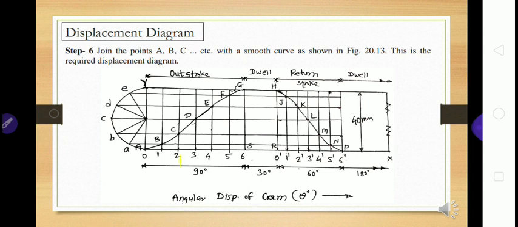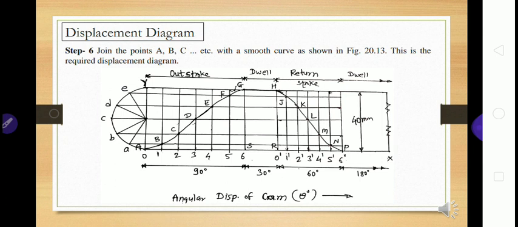Suppose at this second point, that is after 30 degrees, because each division is 15 degrees, this C to 2 distance, if you measure, will represent the displacement of the follower at 30 degrees. Similarly, from the first point, 15 degrees rotation of the cam, you will get the distance 1 to B. This B1 distance will be the displacement of the follower at 15 degrees, isn't it?